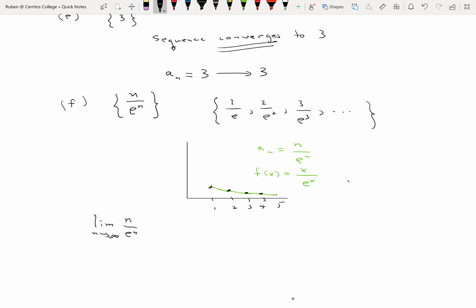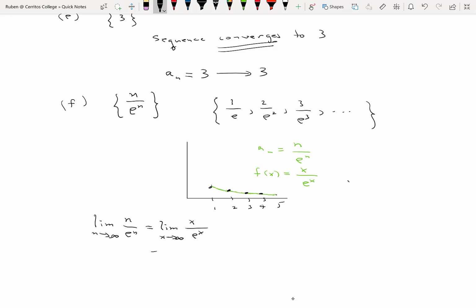So what I do is I replace all the n's with x's. And it's assumed that x takes on values in the domain of the function x over e to the x. In this case, we just use all real numbers. So this little step puts the dots on the green function.